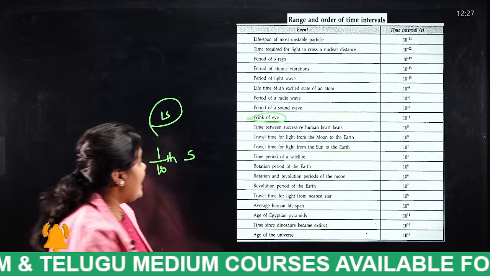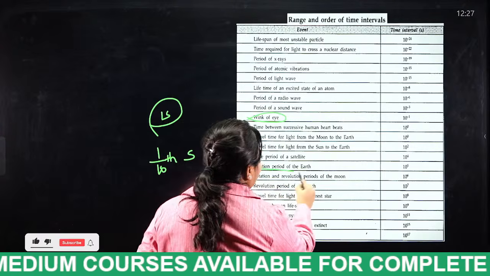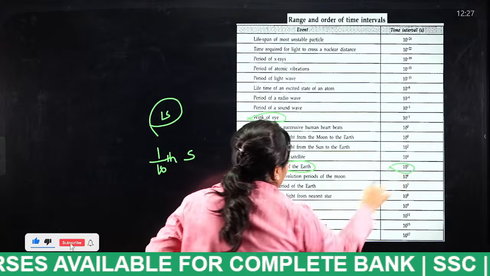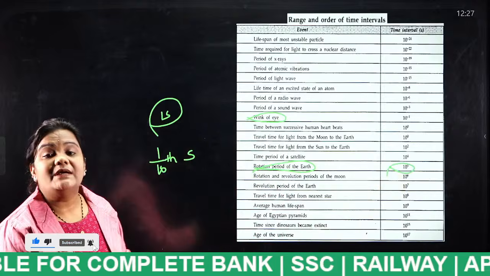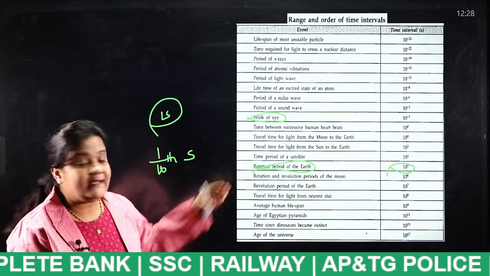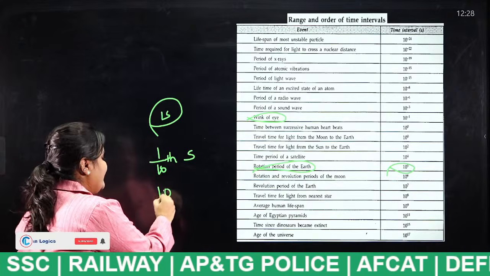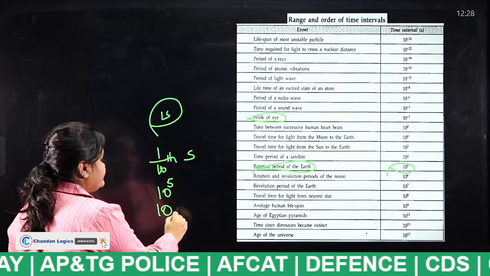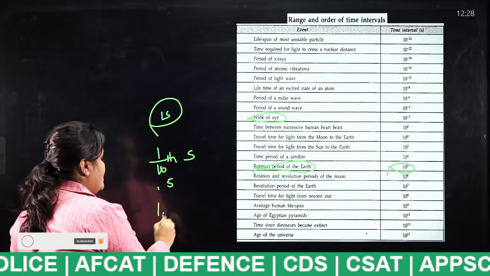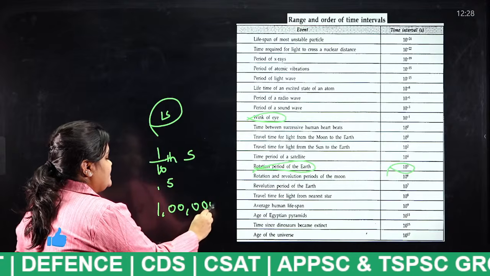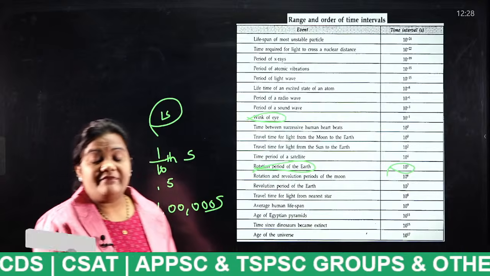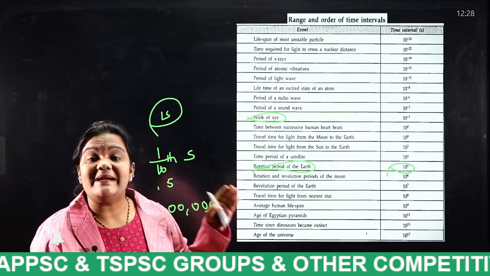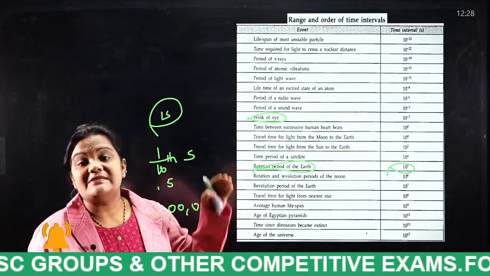Okay. And the rotation period of the earth takes 10 power 5. How much time does the rotation of the earth take? 10 power 5, that means 1 lakh seconds. The wink of an eye takes 1 by 10th of 1 second.